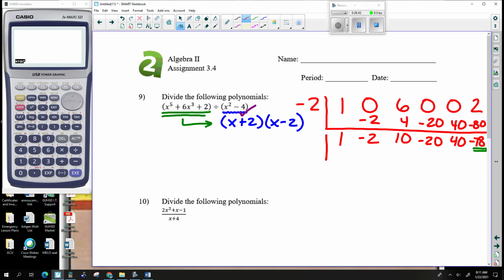Okay. So as I said, I'm going to do this twice. So with my answer that I have, I'm going to set up the second one, which would be technically a positive 2. And I'm going to repeat this process with the answer.